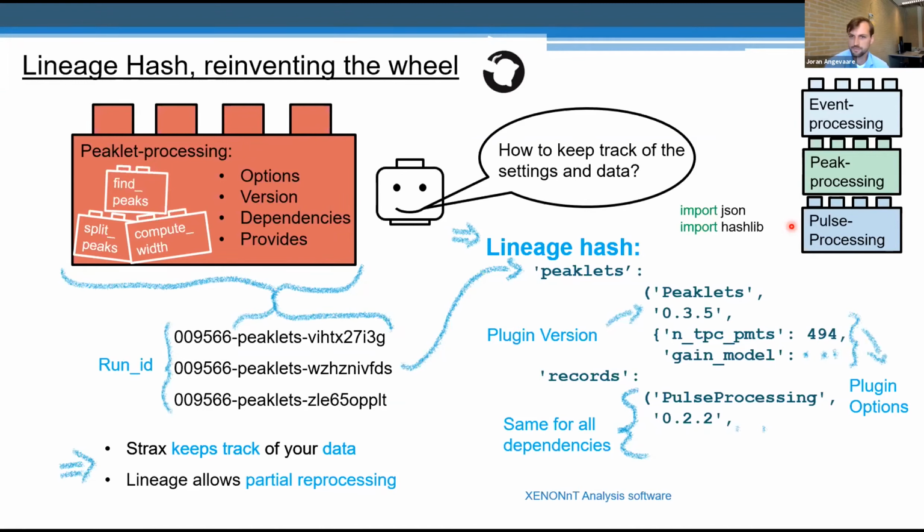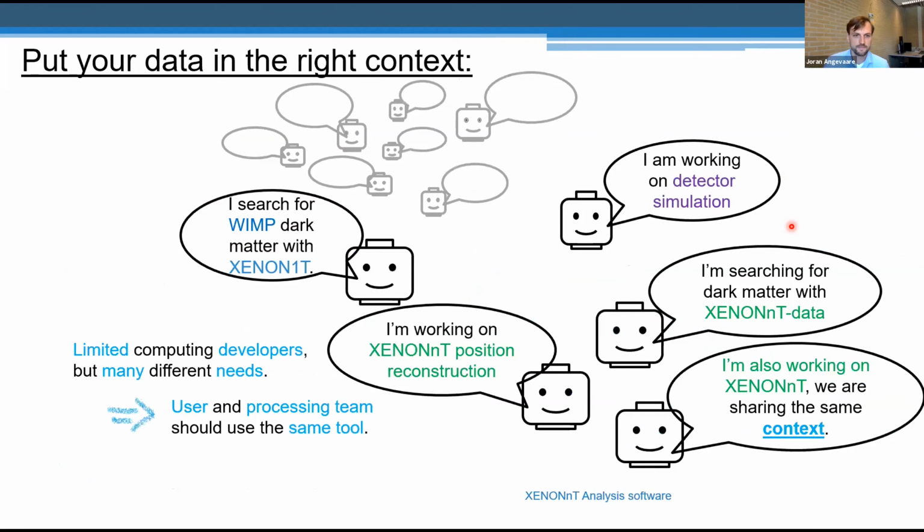Now, this may sound complicated, but we try to make this easy for the average user of our framework, because there's always so many different needs, but there's only a limited number of developers. So to make things simple and robust, we set up everything like these options and these plugins for a given search.